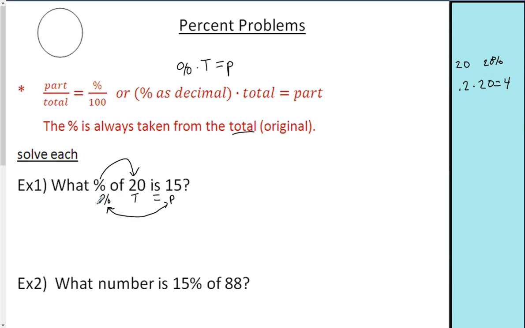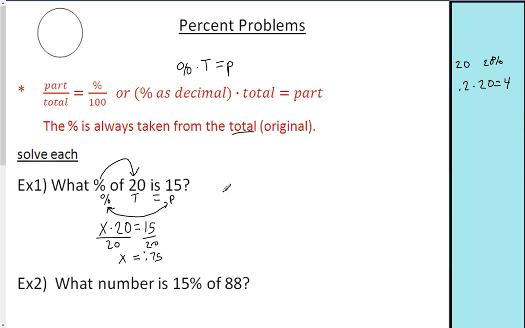So let's just fill in the blanks now. The percent is x, "of" means times, 20, equals 15. That's 20x equals 15, so divide both sides by 20. And we get x equals 15 over 20, which is 3/4, which is 0.75.